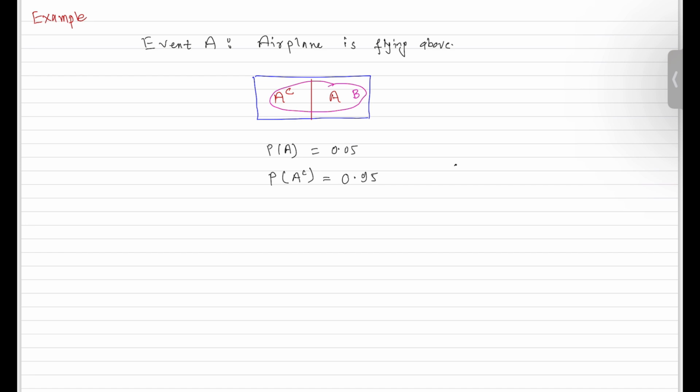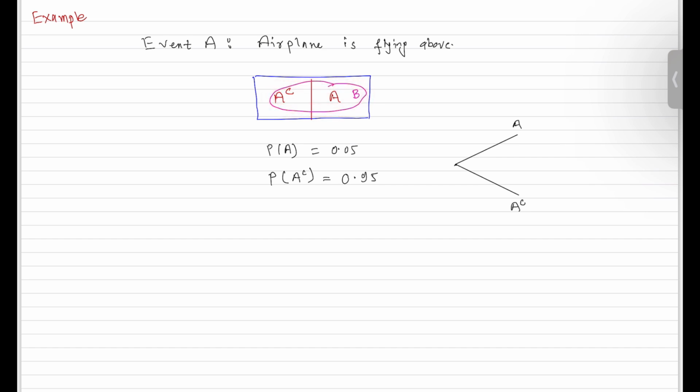So for the first case, for the prior knowledge, we have two possibilities: that there is an airplane flying in the sky, or there is no airplane in the sky. Now we have the next stage, the sub-event, that is this B.